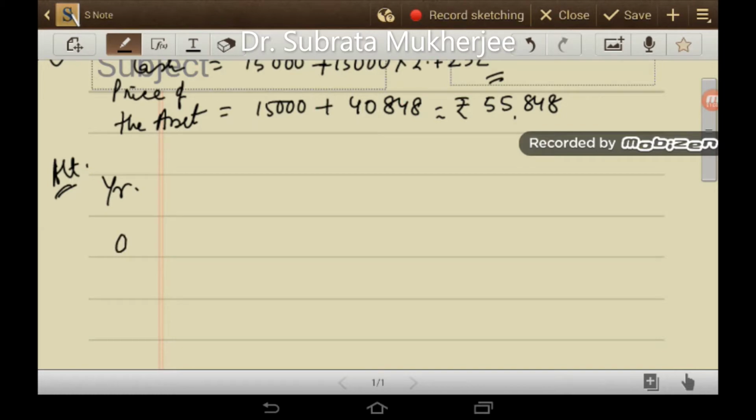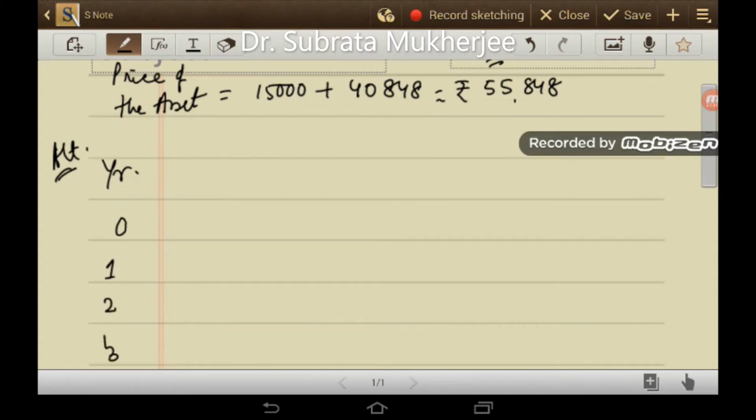This is the down payment that will be made by X to Y. Then year 1, 2 and 3, that is at the end of year 1, 2 and 3. In the next column, the amount paid is 15,000 at year 0. This is the down payment made, and 15,000 the annual installment.